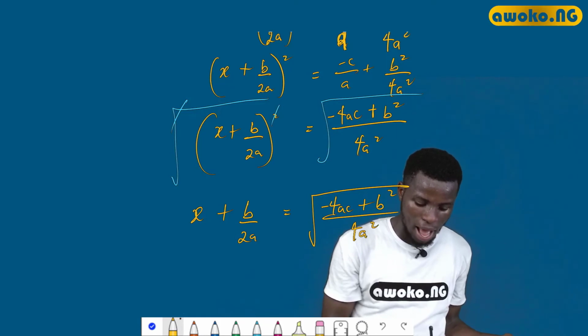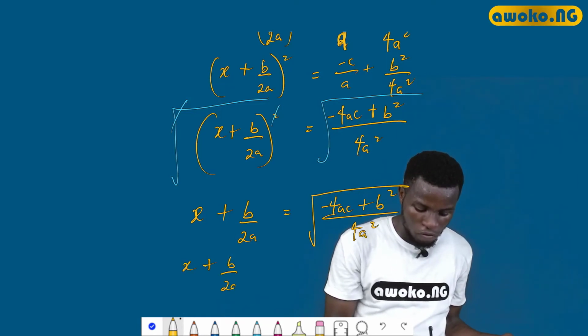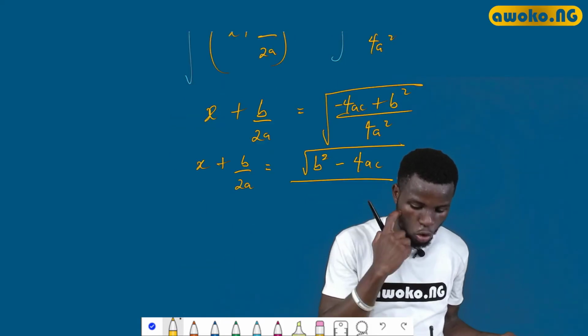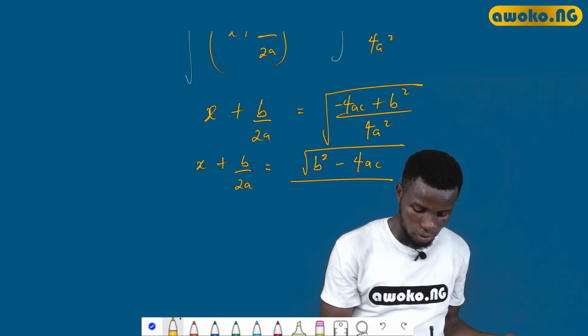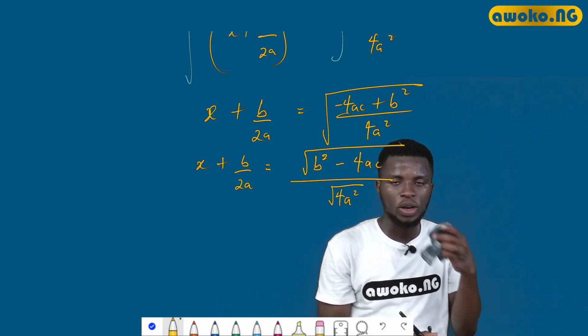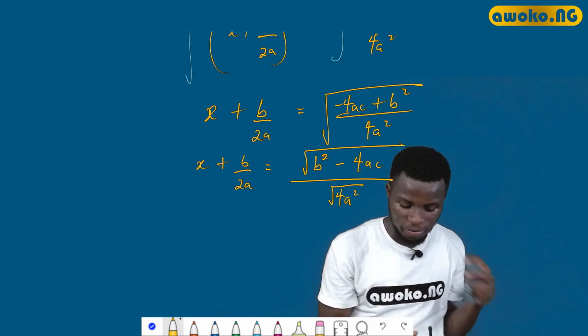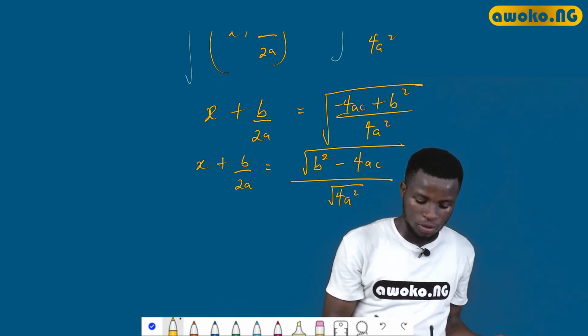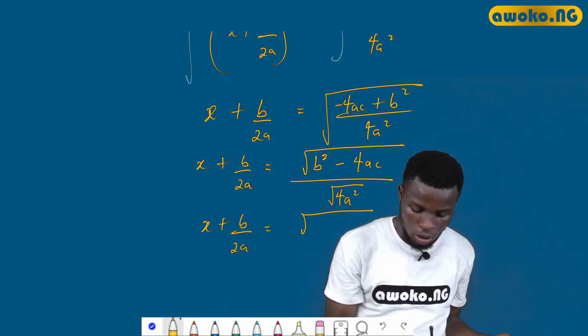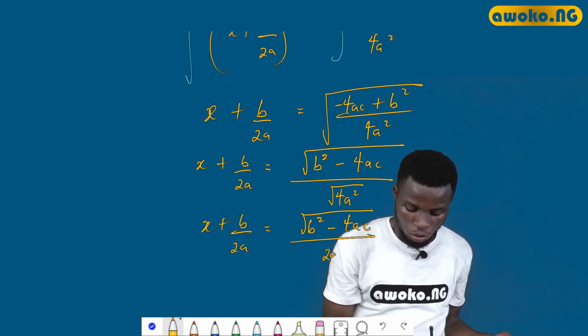If I rearrange, this is the square root of b squared minus 4ac all over the square root of 4a squared, and the square root of 4a squared is actually 2a. So x plus b over 2a equals the square root of b squared minus 4ac all over 2a.